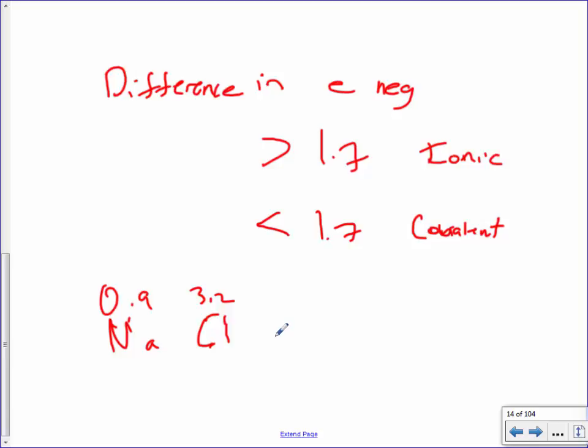Can you subtract 3.2 and 0.9 from each other? I don't even need you to find the number. When you subtract these numbers, is it going to be bigger than 1.7 or less than 1.7? Bigger. Yeah, bigger than 1.7, right? It's going to be what, 2.3? So therefore, it's going to be ionic.